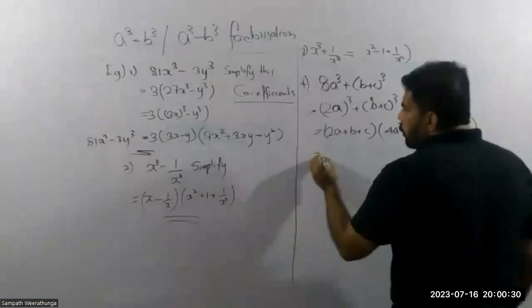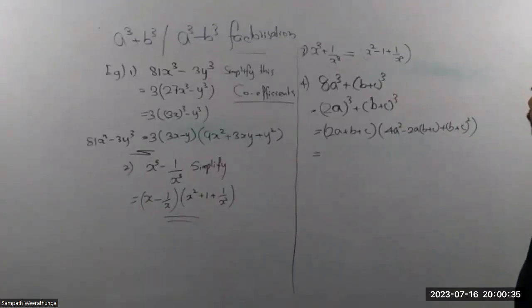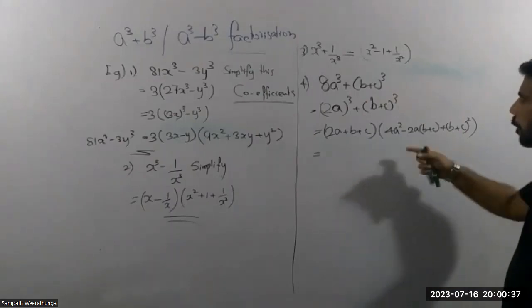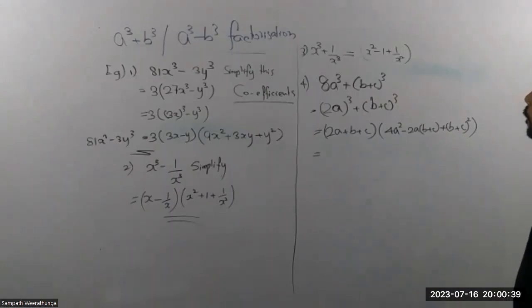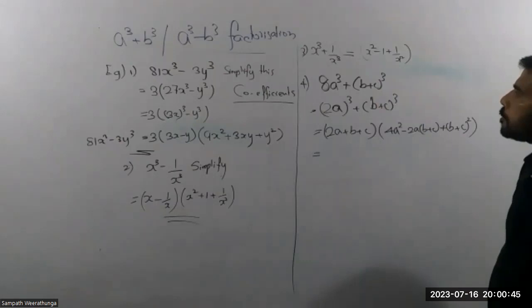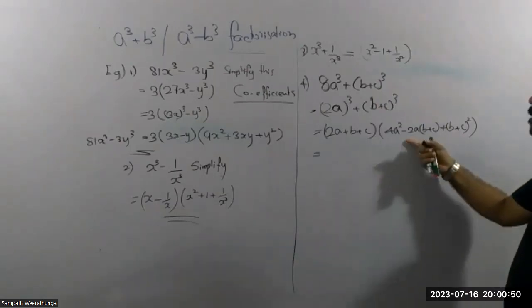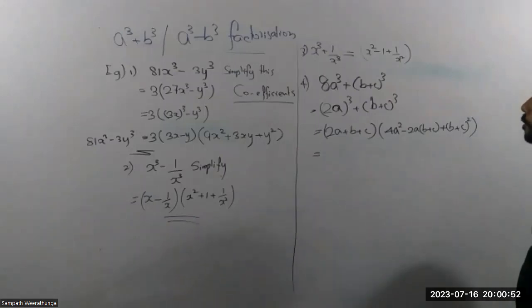Why I selected this sort of example is to train you to simplify further. If you get a problem of this nature, they are not expecting you to keep this as the final solution.